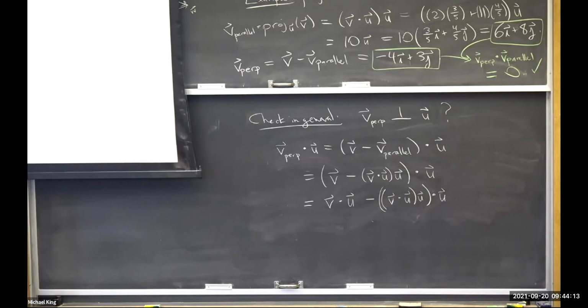What if I have like 7u dot u? Do you believe that equals 7? How? Well, if u is a unit vector, how? No, it's hard to describe. I mean, you could think it's the length of this times the length of this times the cosine of the angle between.